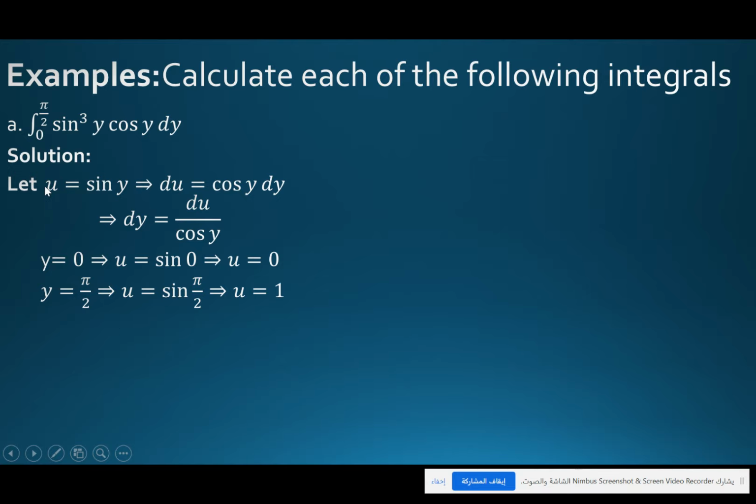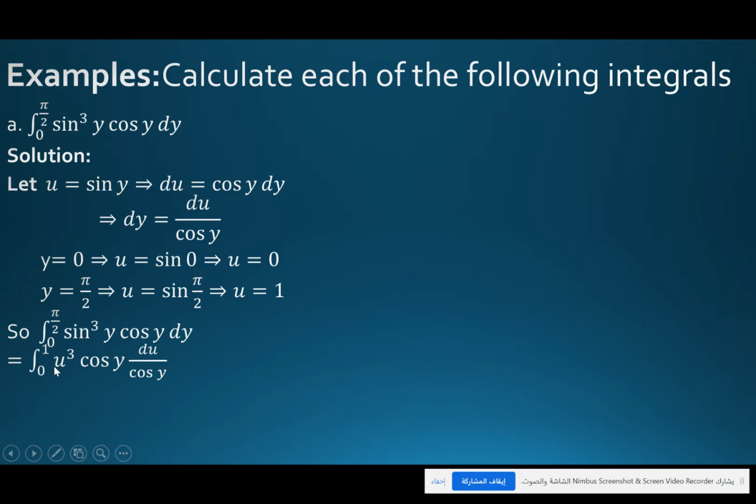According to this statement, u equals sine pi over 2, which is 1. Now you can say that your limits are changed from 0 to pi over 2 in terms of y to 0 to 1 in terms of u.